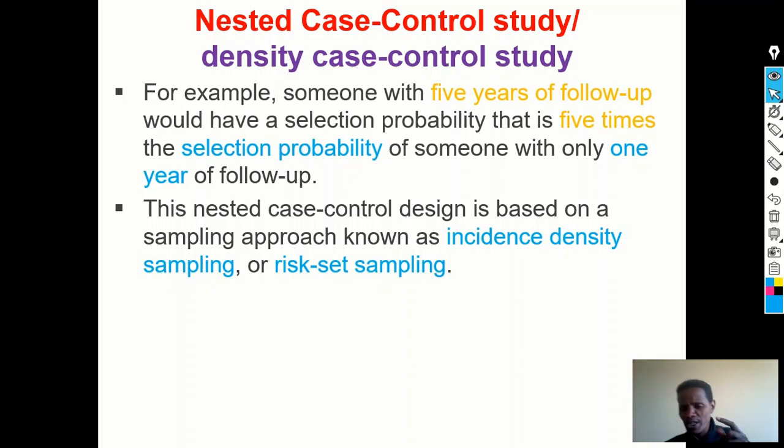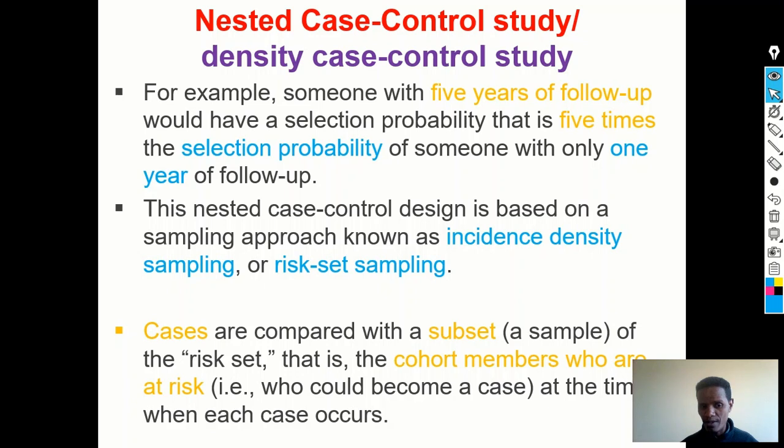That means when you get a new case, immediately you will randomly select a control for that specific case. Cases are compared with a subset of the risk set, that is, the cohort members who are at risk at the time when each case occurs. When a case occurs, the population at risk who are free from the disease will be selected. One or two or more controls will be selected for that case.